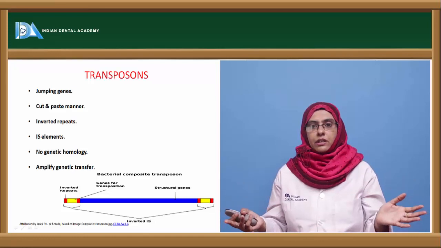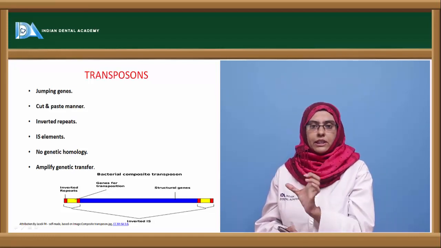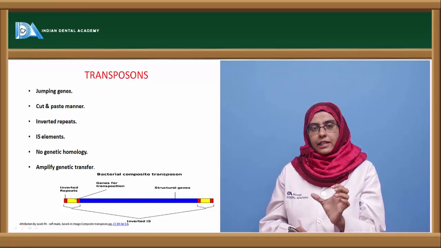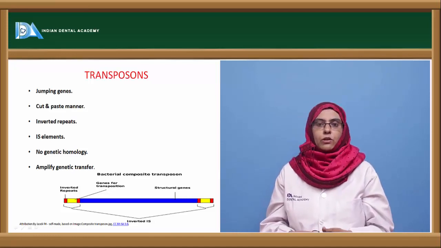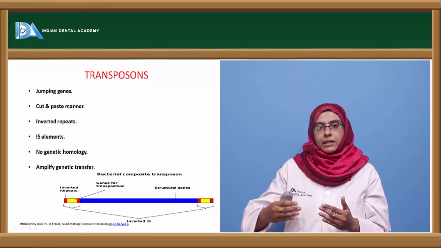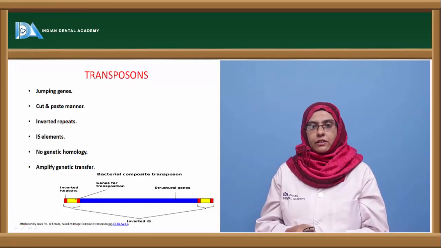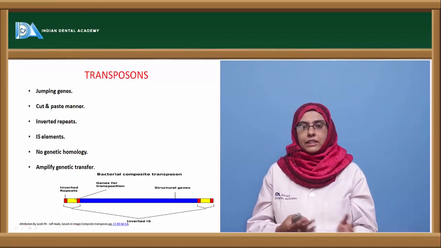These inverted repeats usually flank a single gene or more than one gene, and for the integration of a transposon there is no requirement of genetic homology. Usually when there is a homologous segment, then the DNA can get integrated into the chromosome. But in the case of a transposon, there is no need of any genetic homology to integrate.